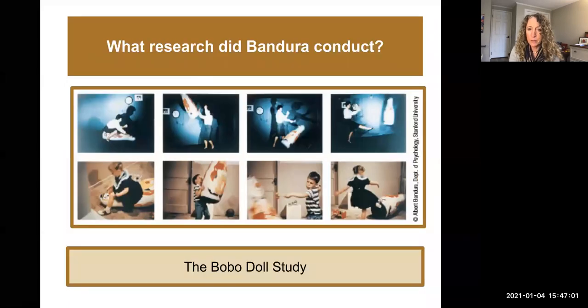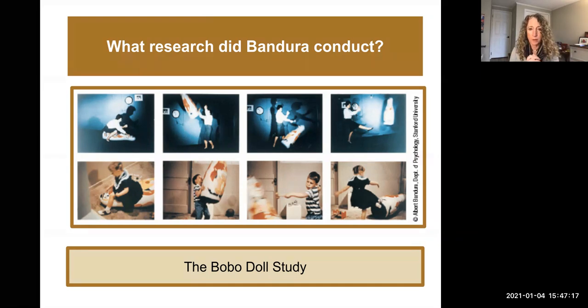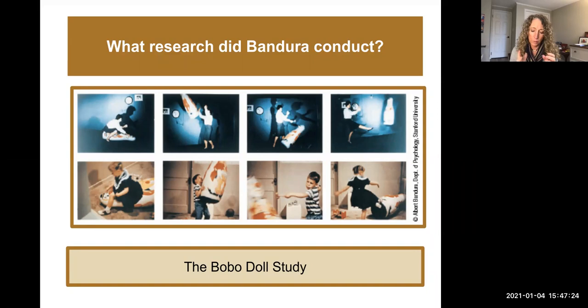Like I said, it's called the Bobo doll experiment. He had a couple of different rooms and different kids. Remember, in an experiment, you're going to have the experimental group and the control group so they can make a comparison. The kids observed a model, which you see here in the pictures, a teacher, either being kind and gentle with this Bobo doll.